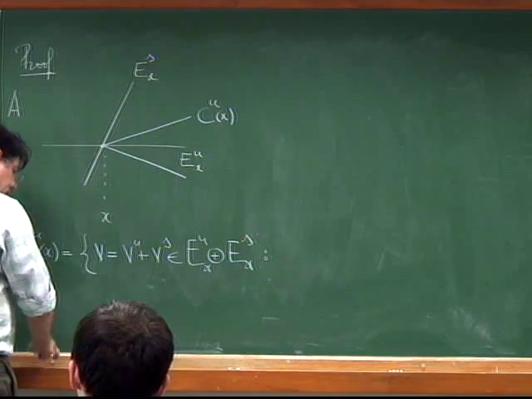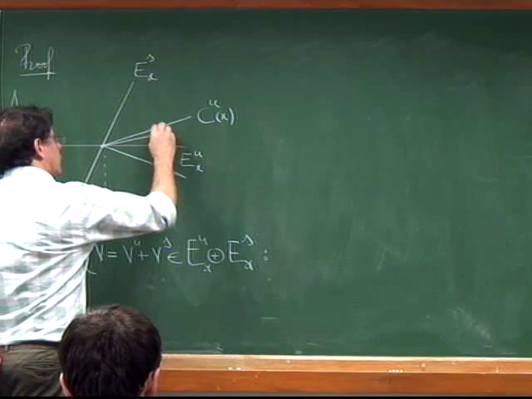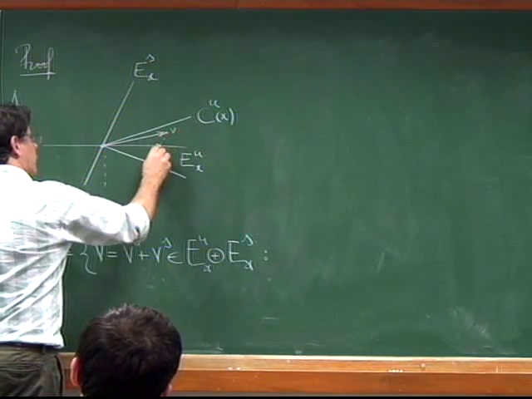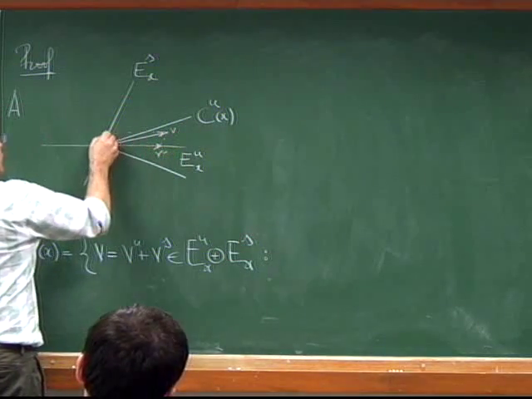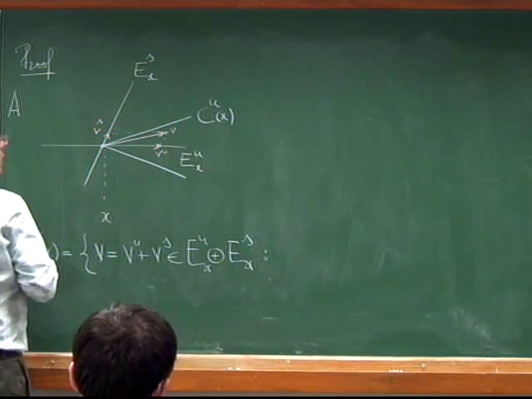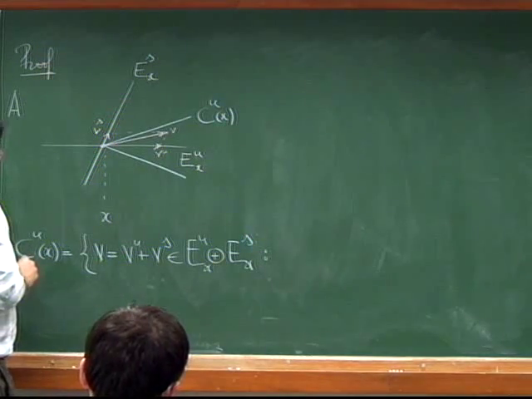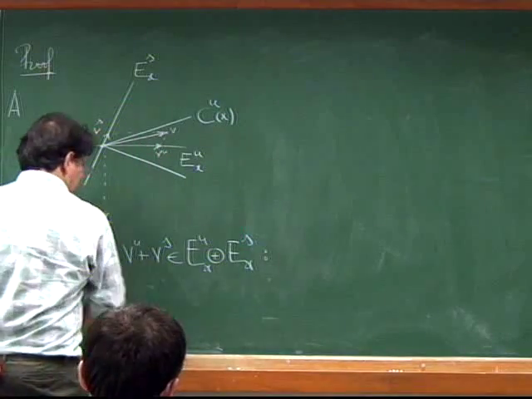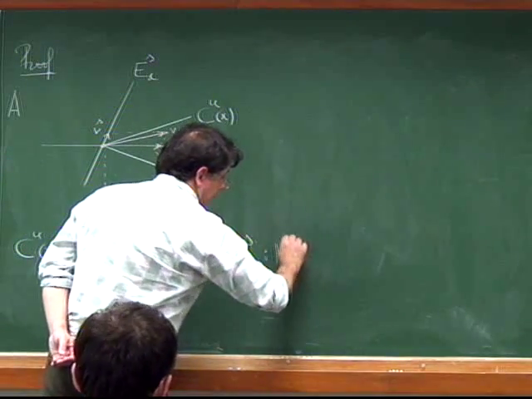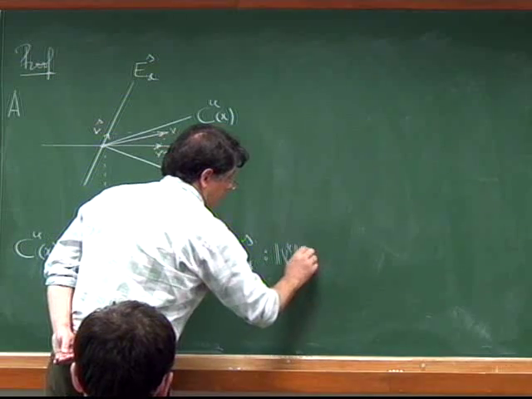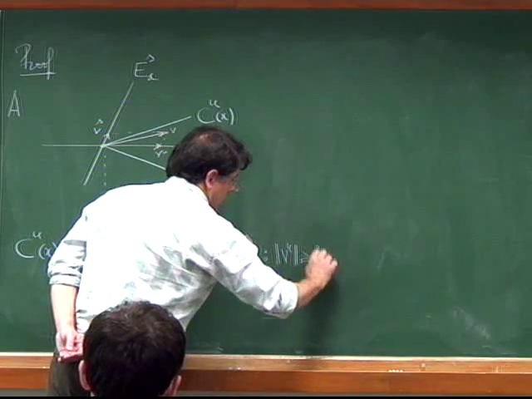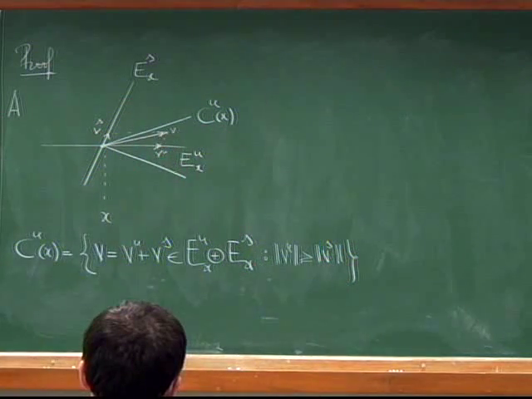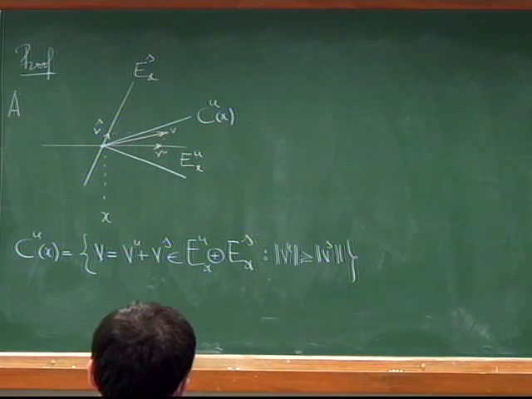So it's composed of the vectors v of the form v^u plus v^s such that the norm of v^u is bigger than the norm of v^s.